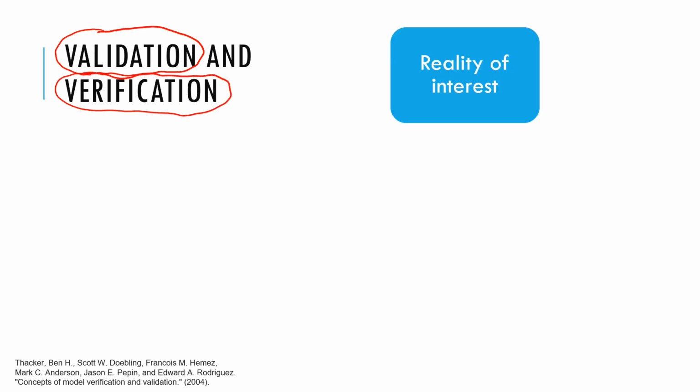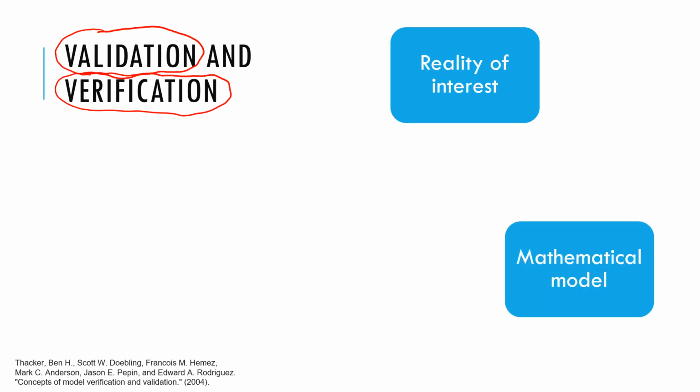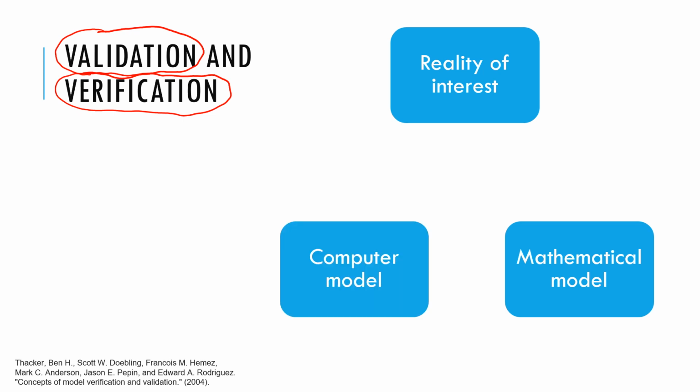So let's define validation and separate it from a closely related term, verification. Now, the modeling process, let's go over this quickly. So we have reality of interest, mathematical model, and a computer model. And the process goes like this. From the reality, we make simplifications and so on, and we set up a mathematical model that is typically the governing equations and boundary conditions defining the process.